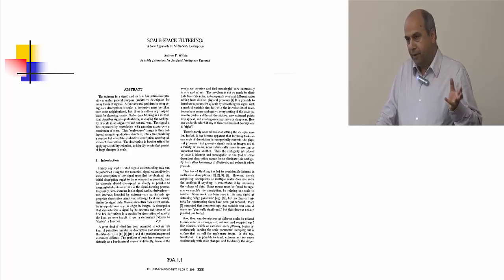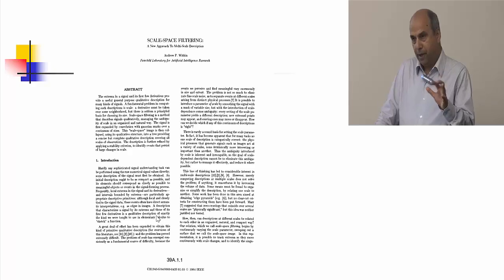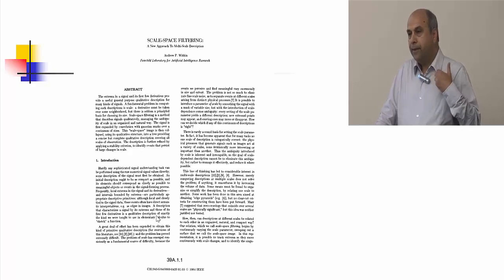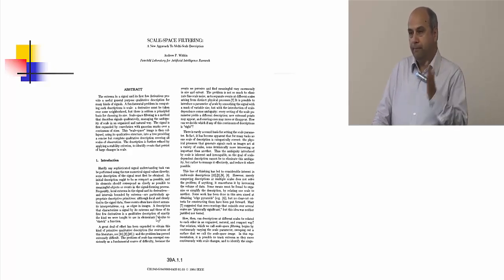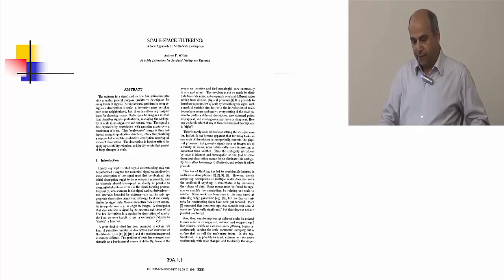Then he argued, it was accepted, and it got a Best Paper Award. It was a big revolution. Now there is a whole conference based on scale space, and there are books and so on.